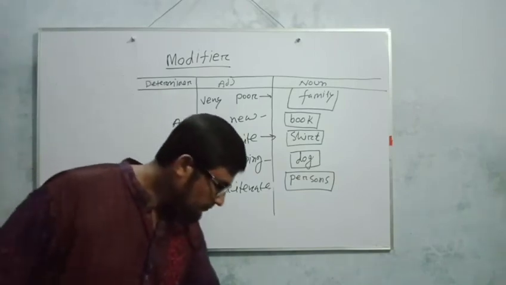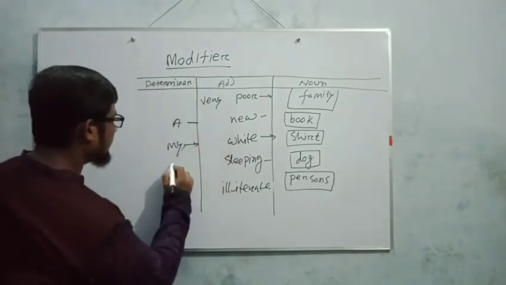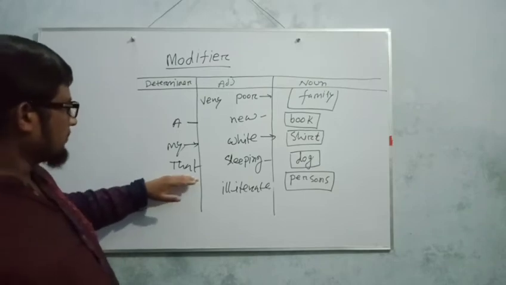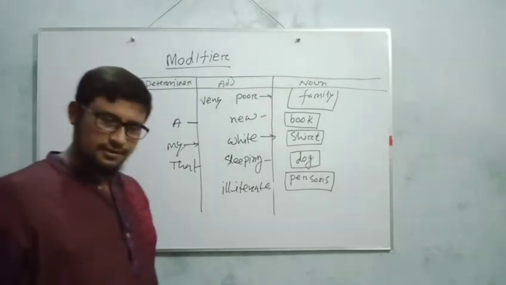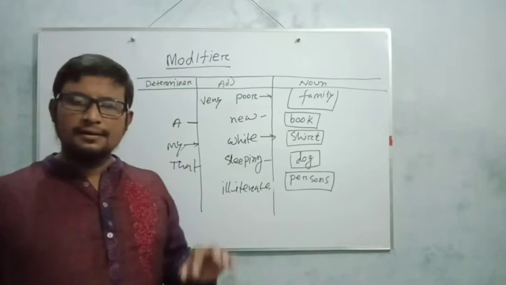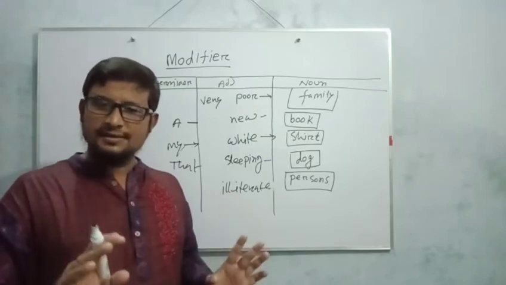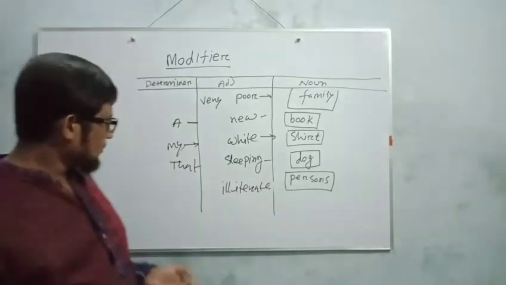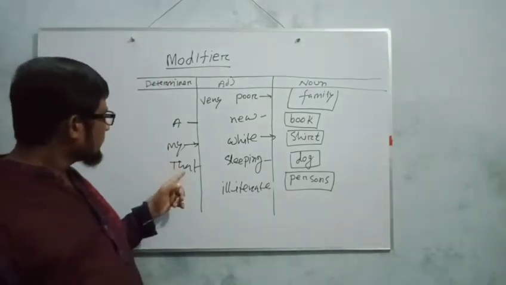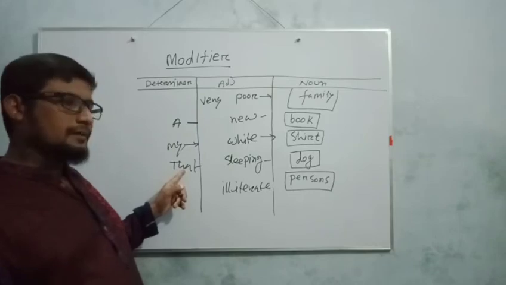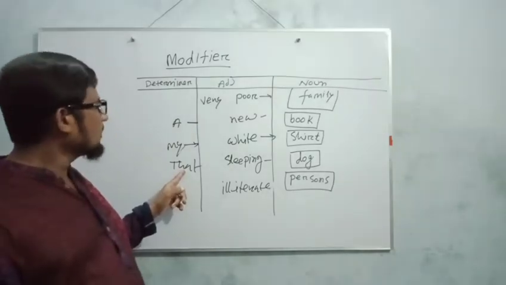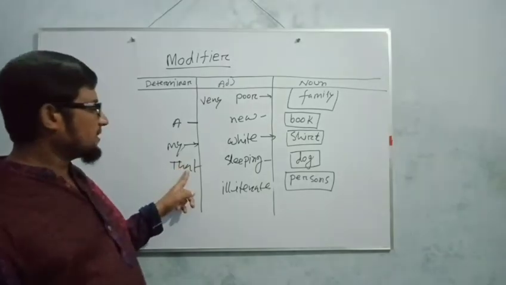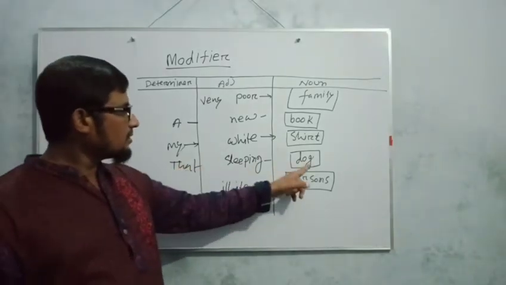Sleeping. We can add that. This is called demonstrative. Demonstrative: this, that, these, those, such, etc. These are called demonstratives. So here that is also a modifier, because that expresses the demonstration of the word dog.